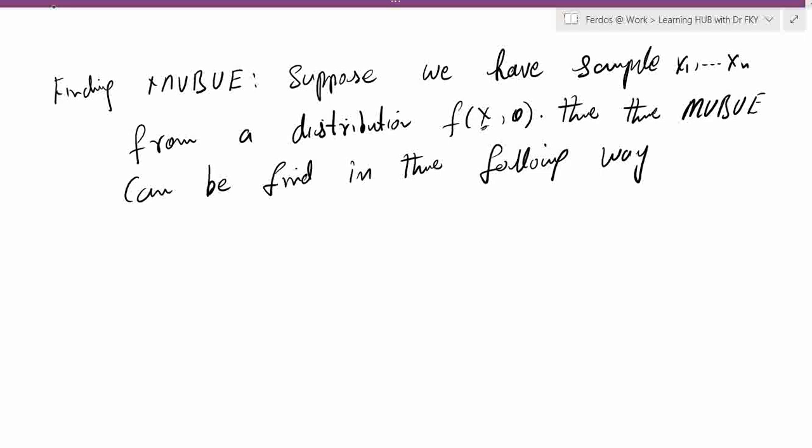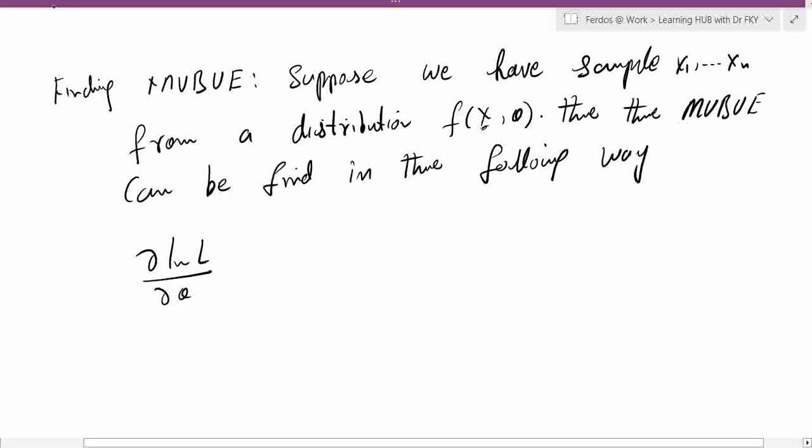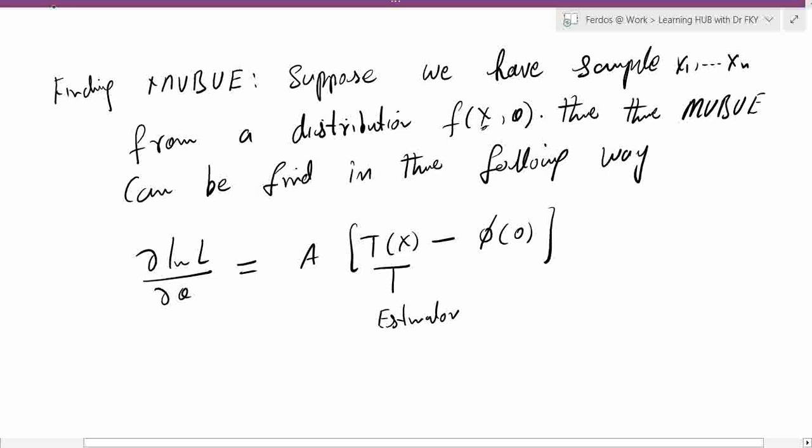If we are able to express the first derivative of the log likelihood as equal to a t of x minus this one, then this is that estimator for this function of the parameter.